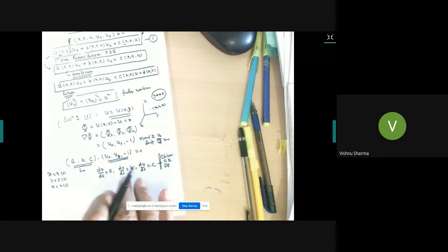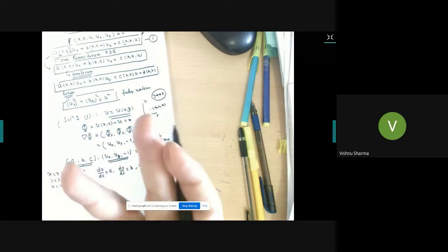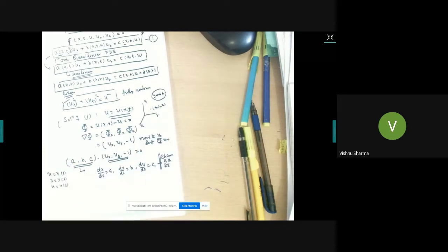All these curves lie on the solution surface, and the locus will give you the solution surface itself. So the characteristic curve is the integral curve of this vector field: dx/ds is A, dy/ds is B, du/ds is C.